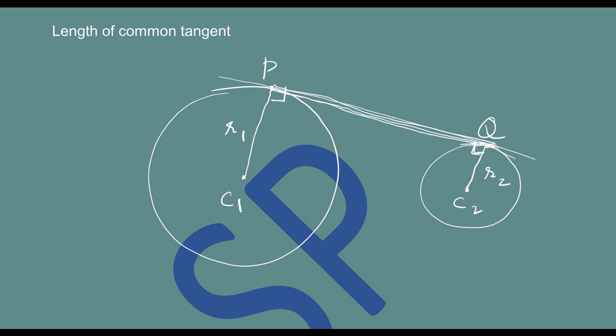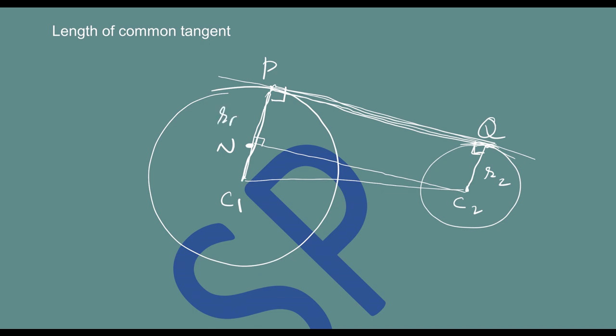Now to find this, I'll join the centers, then from C2 I'll draw a perpendicular onto C1P. If I call the foot of the perpendicular N, you see this radius is R1.